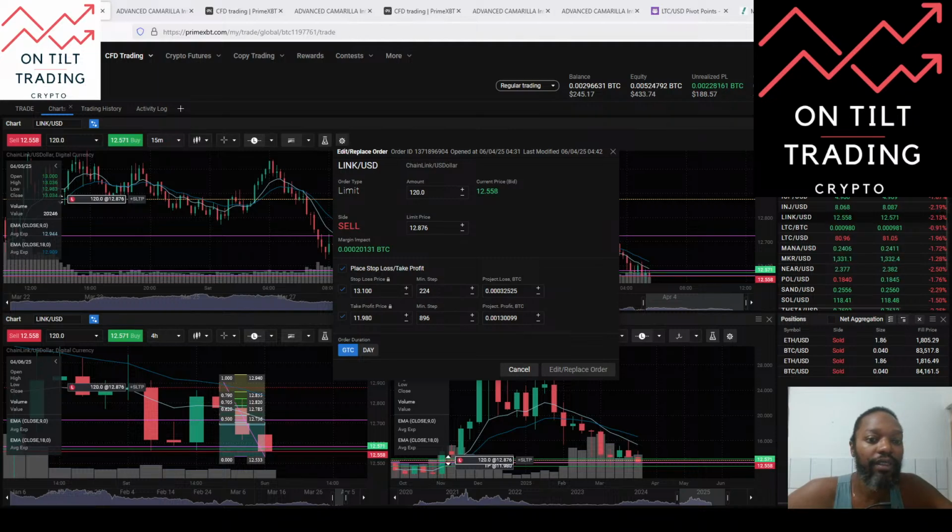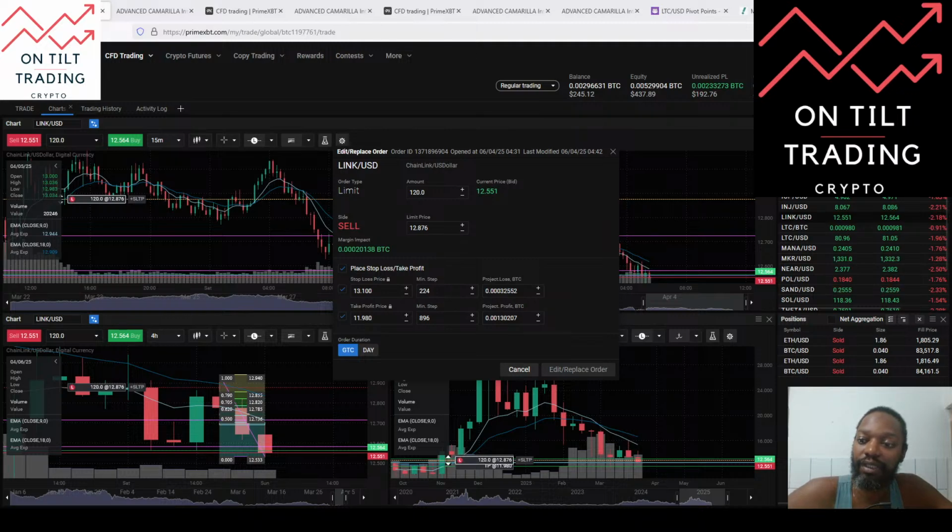And the spread is 15 cents, so this is 16 cents above the 4-hour high of this, above this swing high here, and then this is the target right here. And then if you do the math, 224 times 4 is 896.